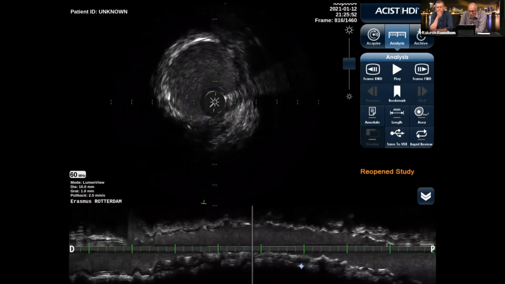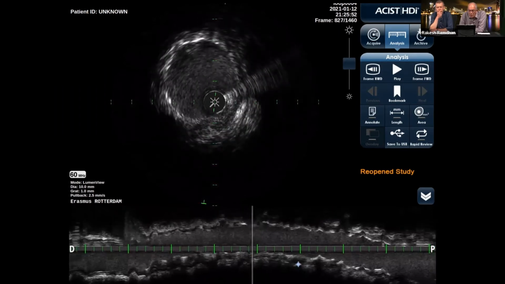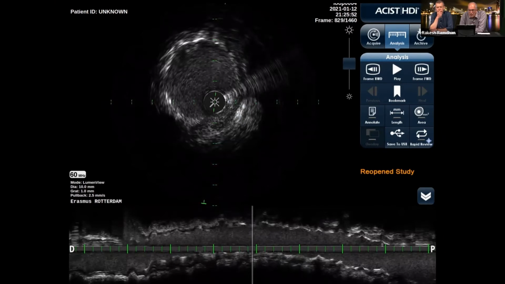Now, what we appreciate here at 12 o'clock, and I put that in motion, here we see some thrombus protrusion in there. And that is something you can always expect after stenting thrombus, especially if you could not remove much, that you will have some thrombus protrusion in there.